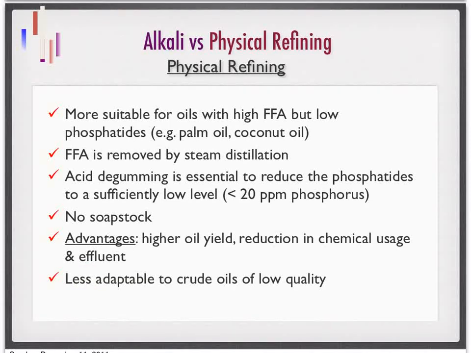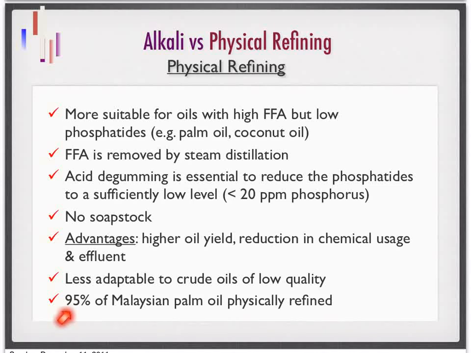However, physical refining is said to be less adaptable to crude oils of low quality, which contain a high amount of phosphatides, because we need to remove the gums in the degumming process, which can increase the losses of the oil.